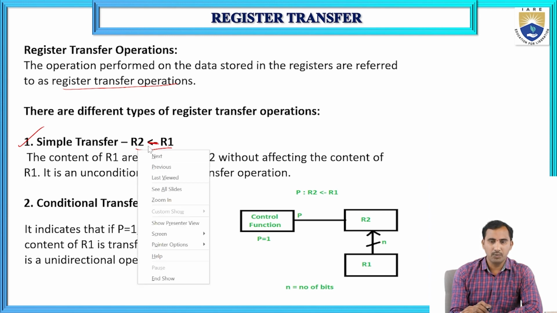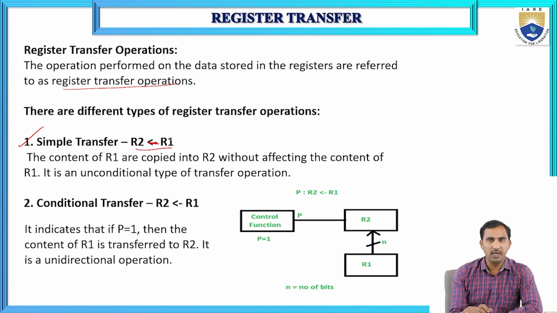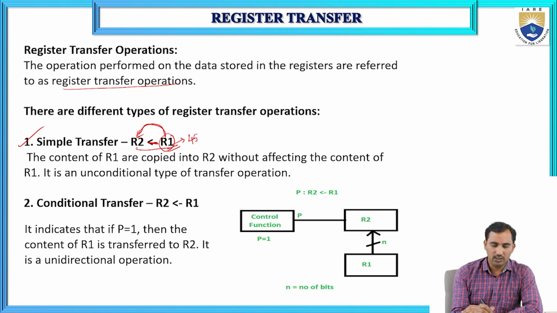Here the transfer takes place without checking any condition. The contents of R1 are simply copied into R2 without affecting the contents of R1. We are just copying, not modifying the contents of the source register R1. Suppose R1 contains 4, 5; this 4, 5 is copied to the register R2.